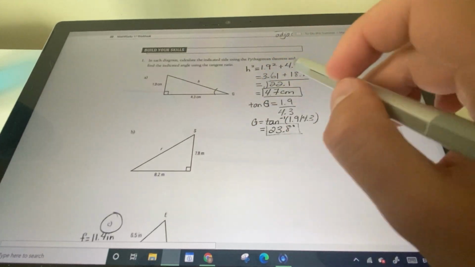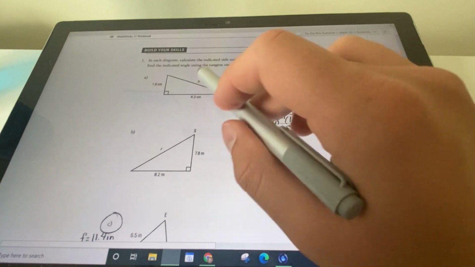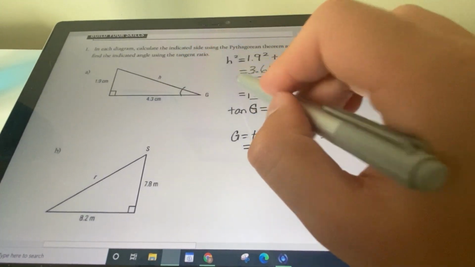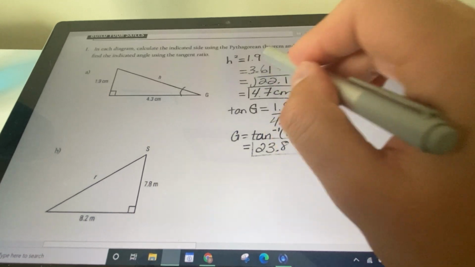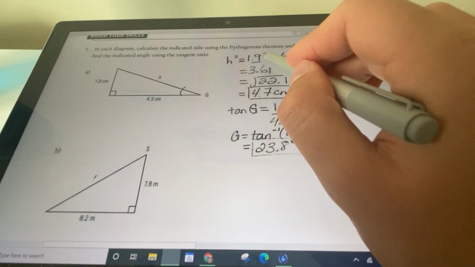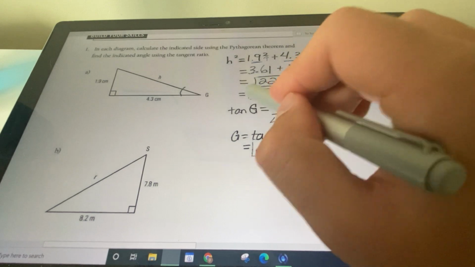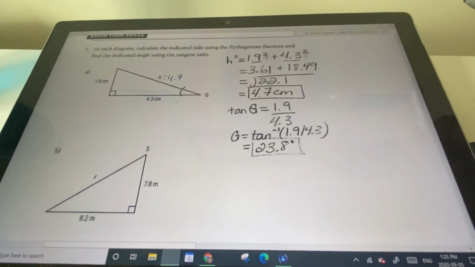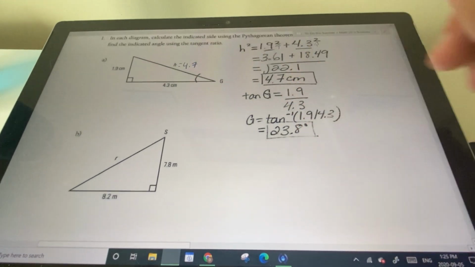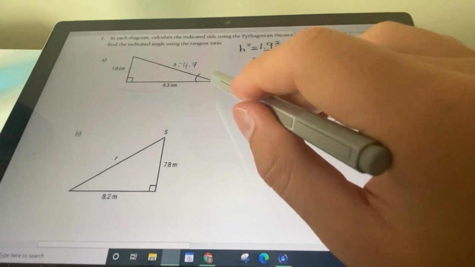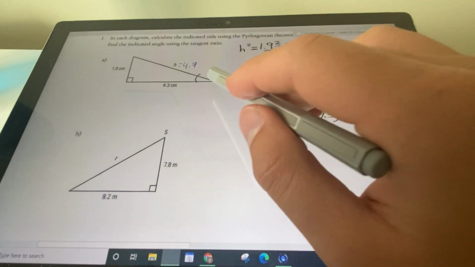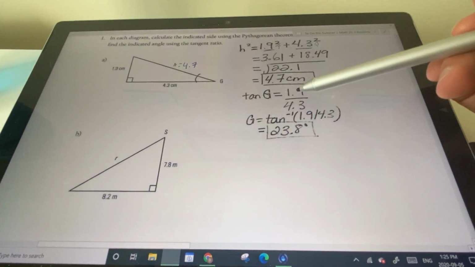So here's a worked out solution on solving for the hypotenuse, okay? Recognize they didn't forget to square root. They squared both these numbers, which is something also a lot of people forget about, and then they square rooted. So this side is 4.7 centimeters. And then they also solved for the angle of G, this angle here, okay? The opposite side is 1.9, so they put it on top.